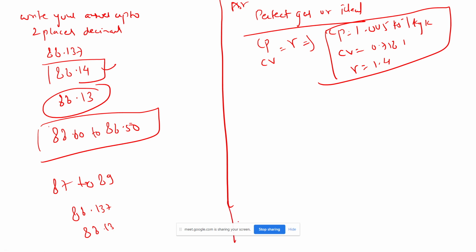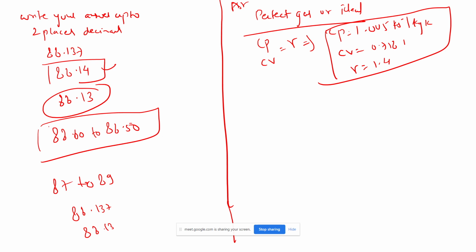If they are not mentioning ideal gas, they'll give you the value of Cp, Cv, gamma. If they are not mentioning anything, like a gas enters the turbine, then in that case you have to assume that the gas is an ideal gas.